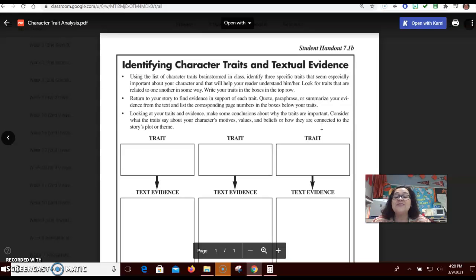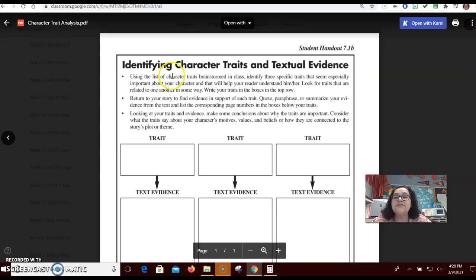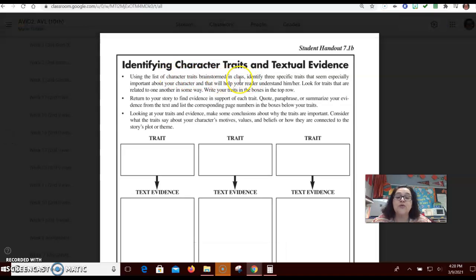So you now have to identify the character traits and the evidence from the text to support that. So using the list of character traits that we brainstormed in class, which, pause, time out.